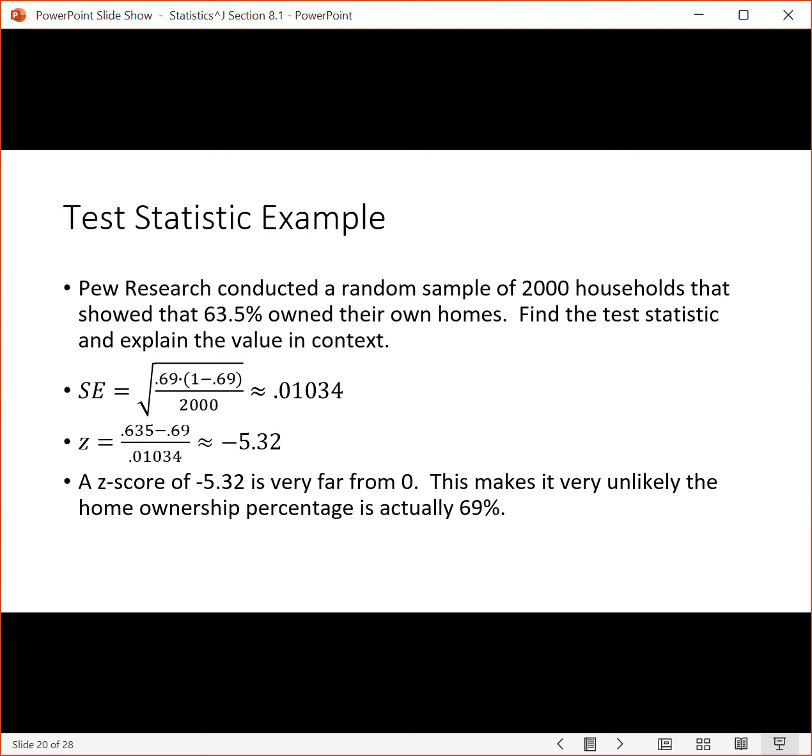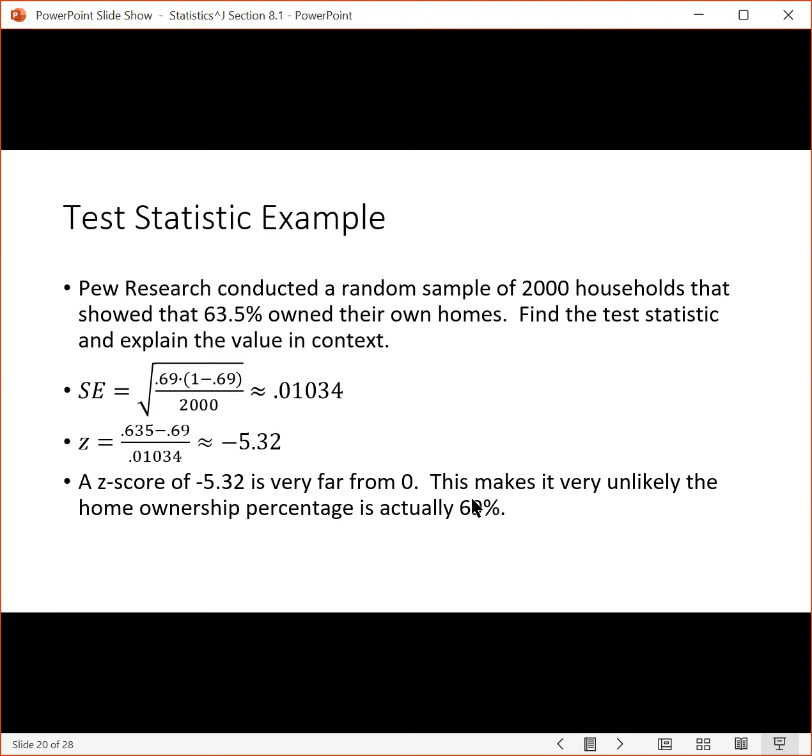Now recall what you remember about standard deviations, because standard errors work the same way. So 1 or 2 standard errors is a small amount of standard errors, right? So you've got 68% of the data within 1 standard deviation, 95% within 2 standard deviations. So 5 standard deviations is off the reservation. It's miles and miles and miles away.